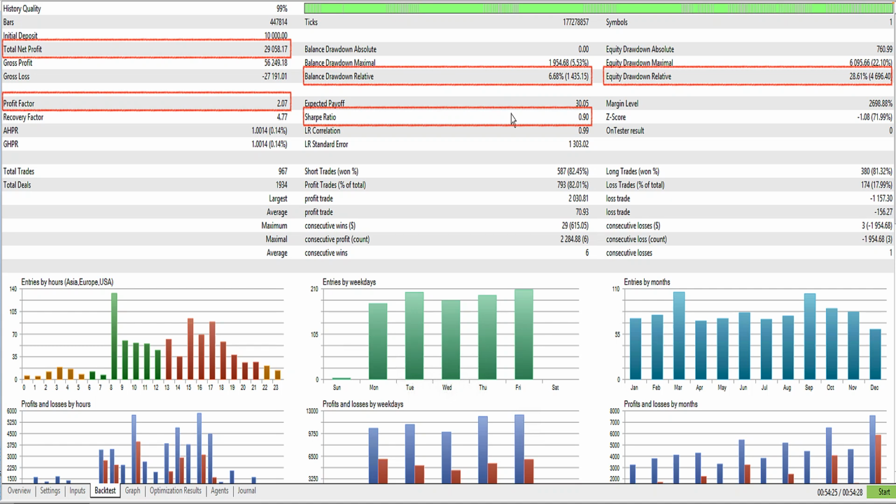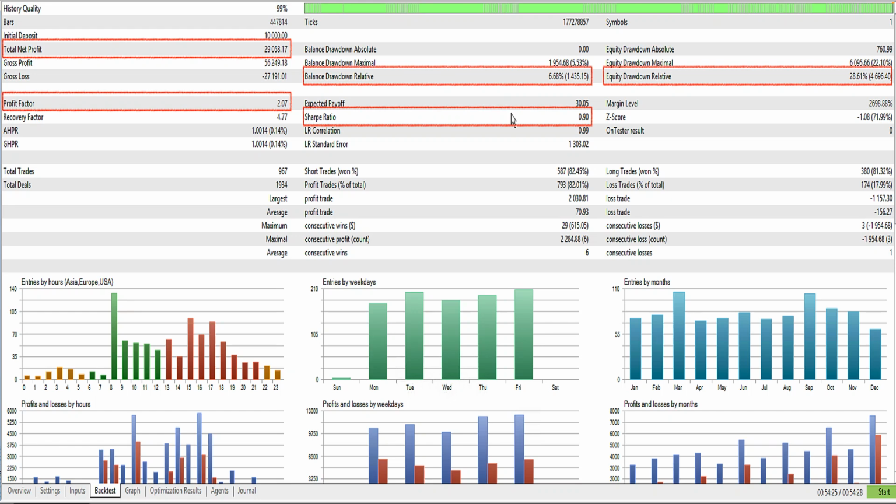The total net profit was $29,000 over 6 years, meaning it was close to 300% over 6 years, giving us 50% on average per year. Of course, it starts smaller, and then as your balance grows, your annual profitability is going to be higher.